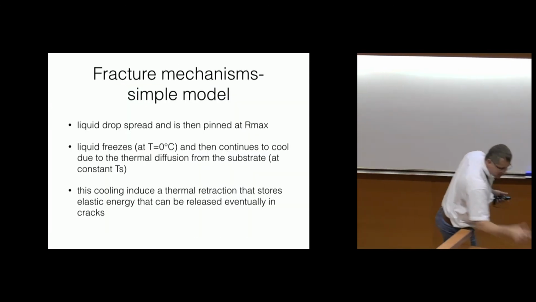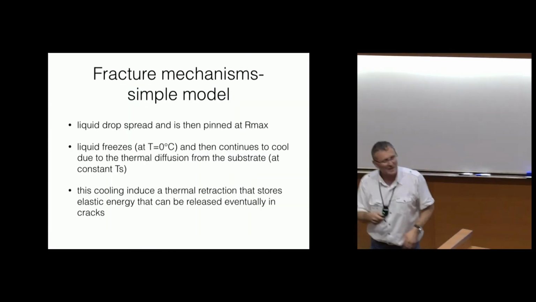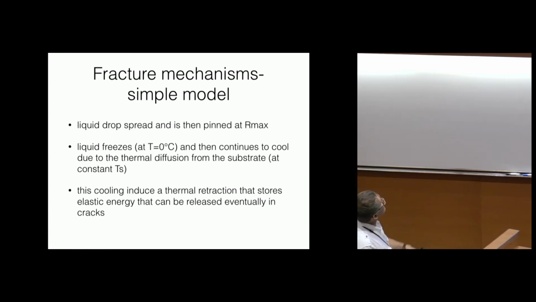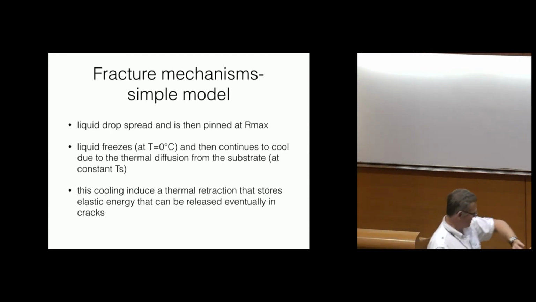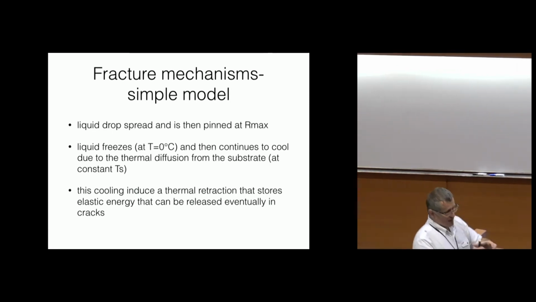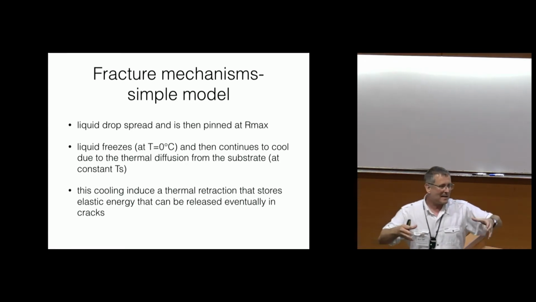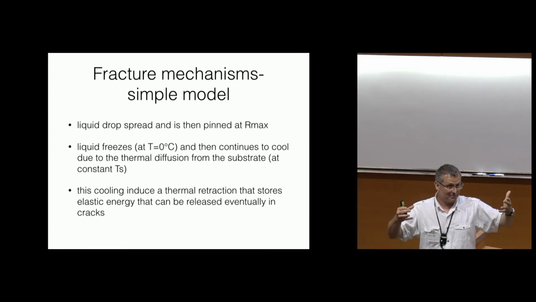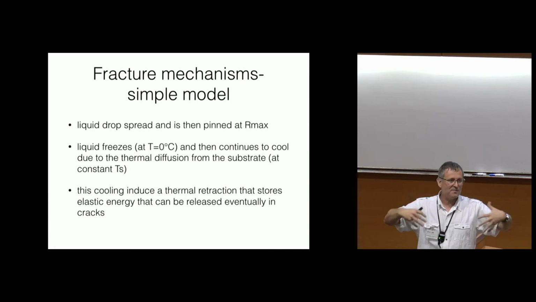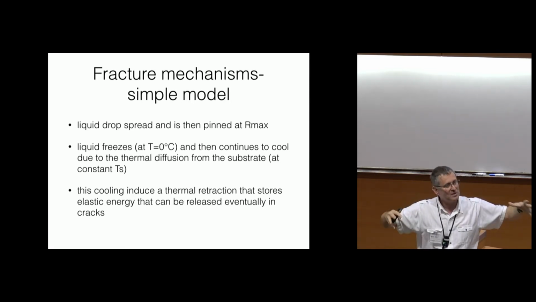Okay, so now we have some clue about the fracture mechanisms we want to understand. To make it very simple, because I have only a few minutes, when the liquid freezes, you can assume that it freezes at 0 degrees. So the solid structure is formed at 0 degrees.